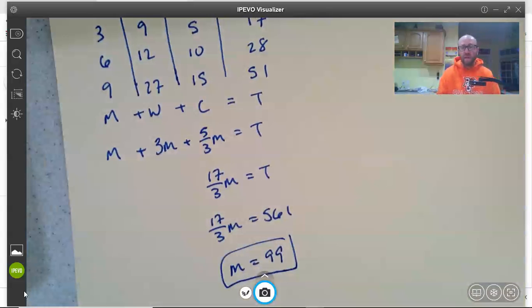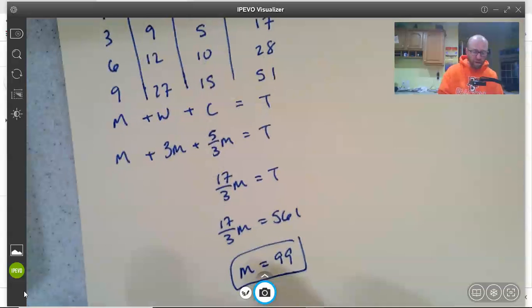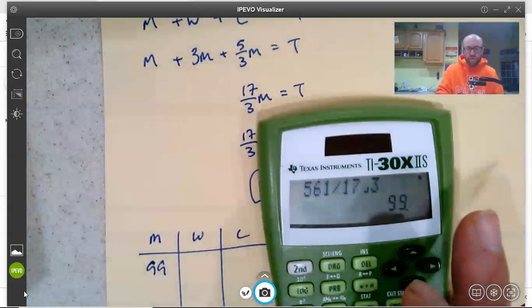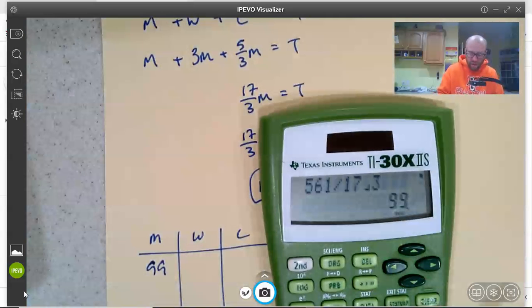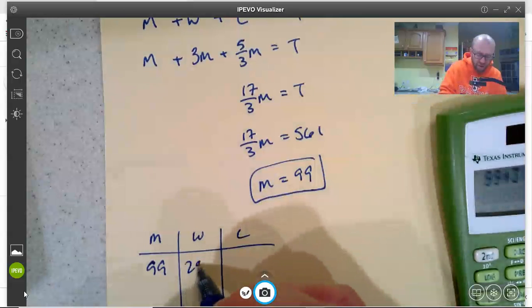There's 99 men. Well, let's go back to our table and see how 99 plays out. M, W, C. If there are 99 men, and remember the number of women is just 3 times the number of men, so 99 times 3 is 297.